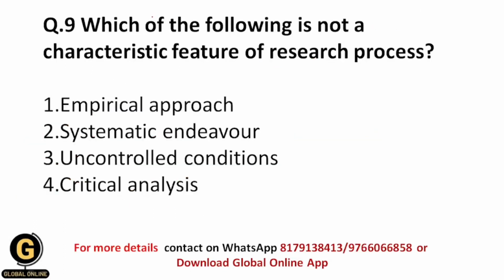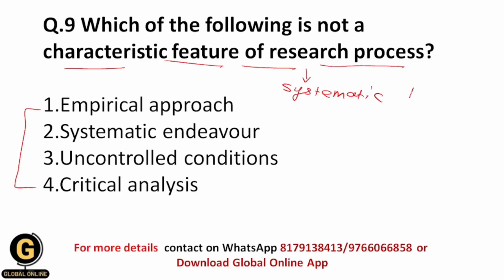Now, in this question, which of the following is not a characteristic feature of a research process? From these options, we have to find the option which is not a characteristic of the research process. As we know, the research process is a systematic process, and that means it should have an empirical approach.